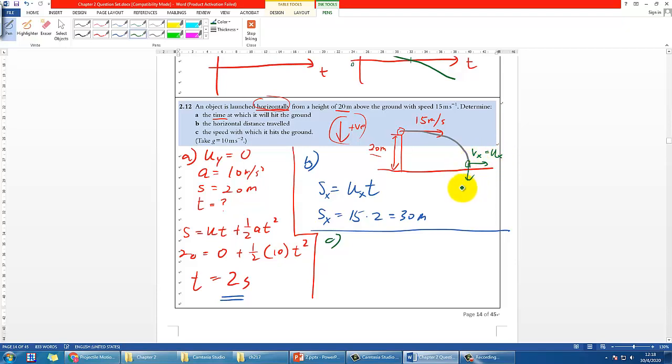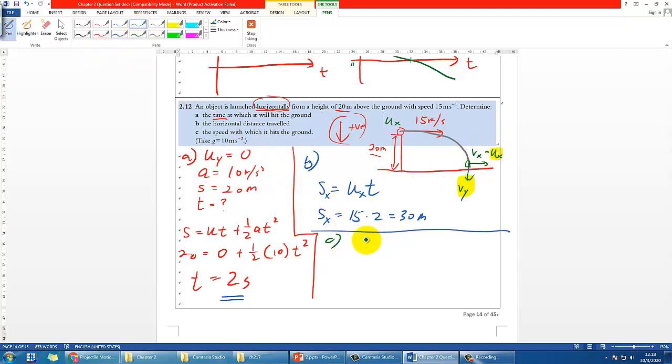At the same time, you also have Vy, which would not be the same as Ux, because it has been accelerated, so it will be much larger. Our task is firstly to find Vy, and then combine it with Ux.